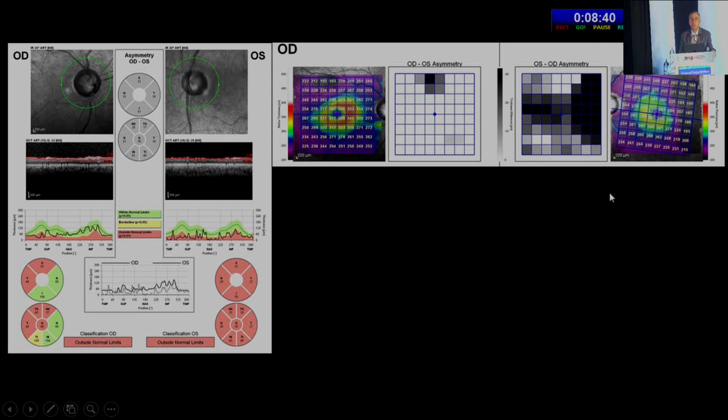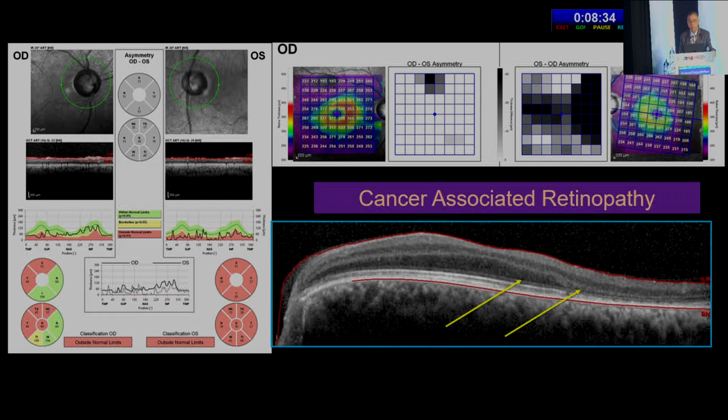This tells you that this may not be glaucoma. When it is not in an arcuate pattern in the asymmetry, this happens to be cancer-associated retinopathy, where the photoreceptors have died. Therefore, the retinal thickness is low. But that also affects the nerve fiber layer, surprisingly.